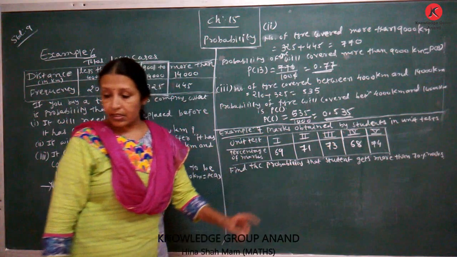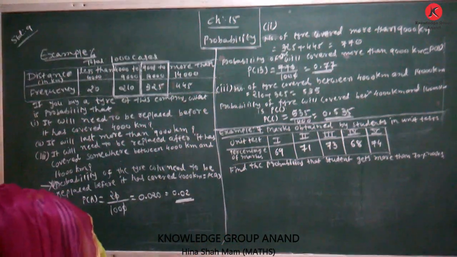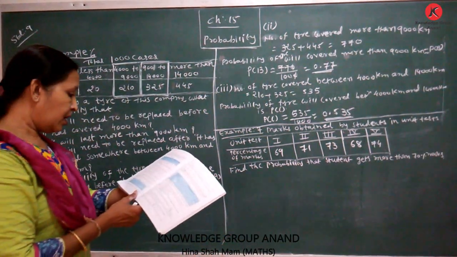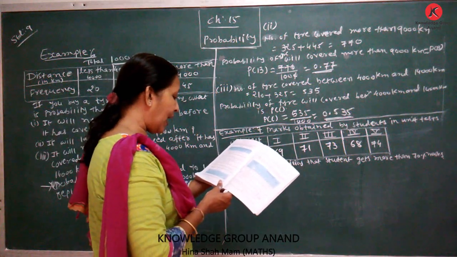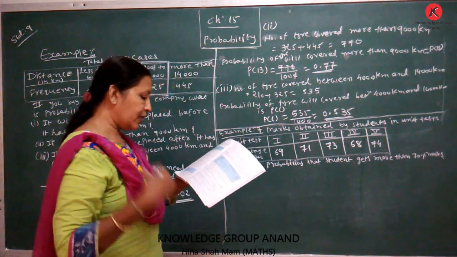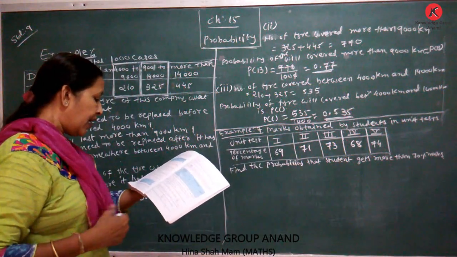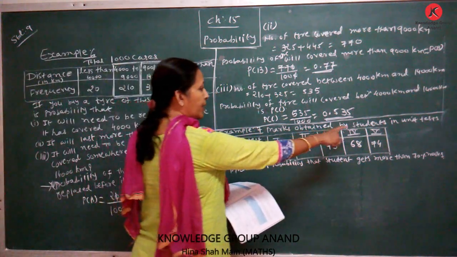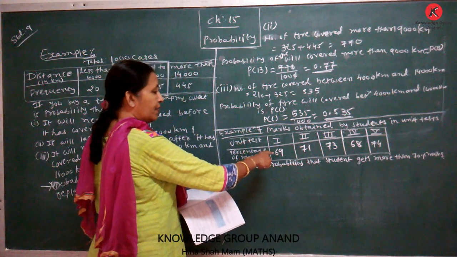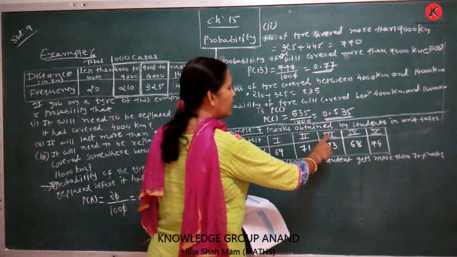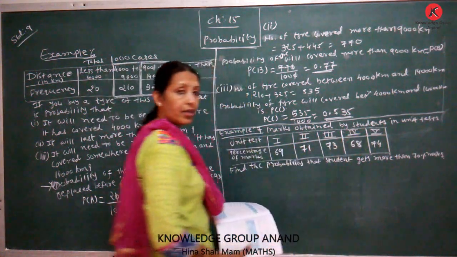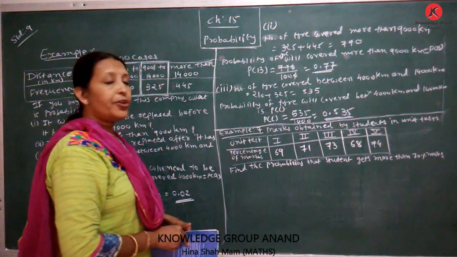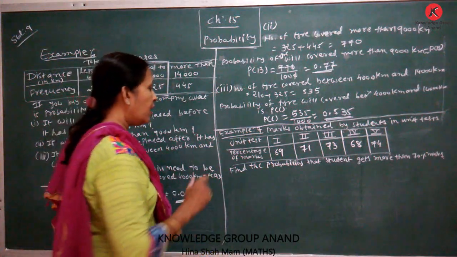A student's question is like this. The percentage of marks obtained by students in monthly unit tests are given below. First unit test, second, third, fourth and fifth. How many unit tests? 5 unit tests.